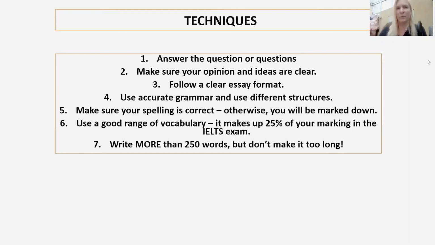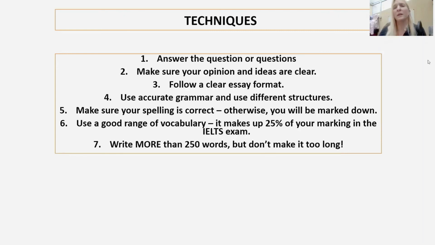Follow the format of the essay, the intro, main body paragraphs 1 and 2, and conclusion. Use really accurate grammar. Try to use different structures. Make sure that your spelling is correct, because unfortunately, if there is a misspelling, then you will lose marks in the IELTS exam.